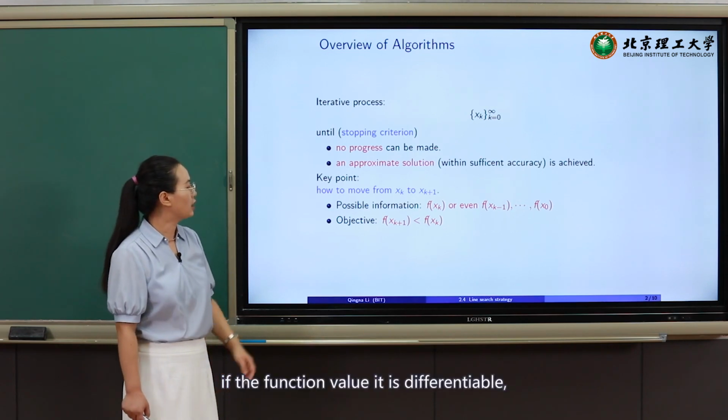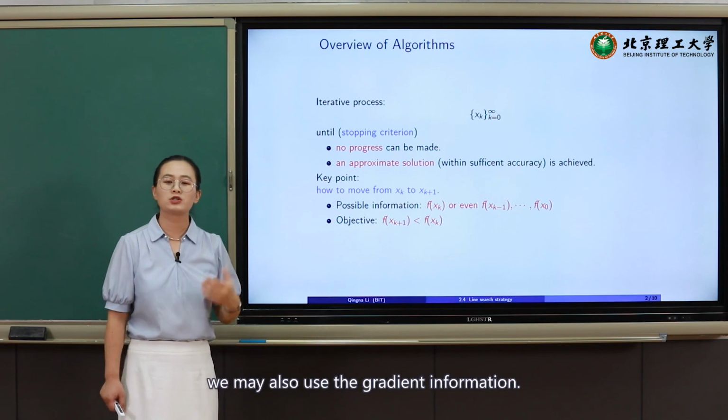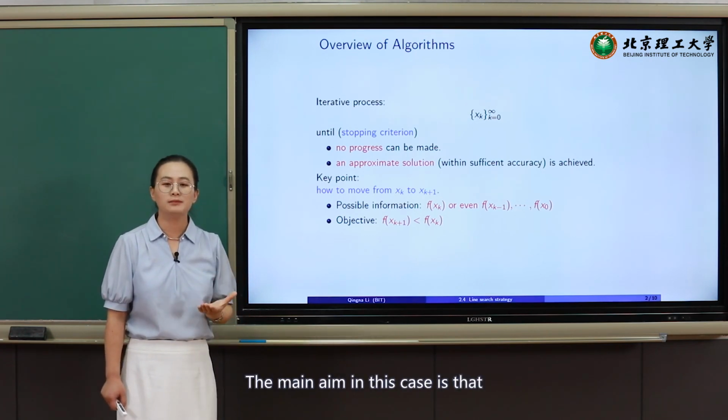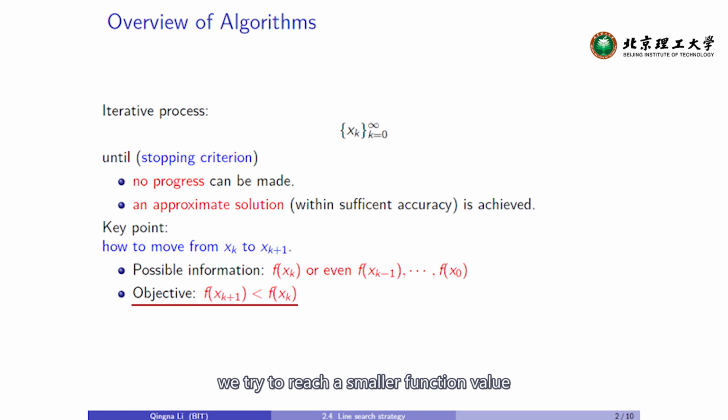Also, if the function is differentiable, we may also use the gradient information. The main aim in this case is that we try to reach a smaller function value than the current iterate. Okay, so this is our objective.